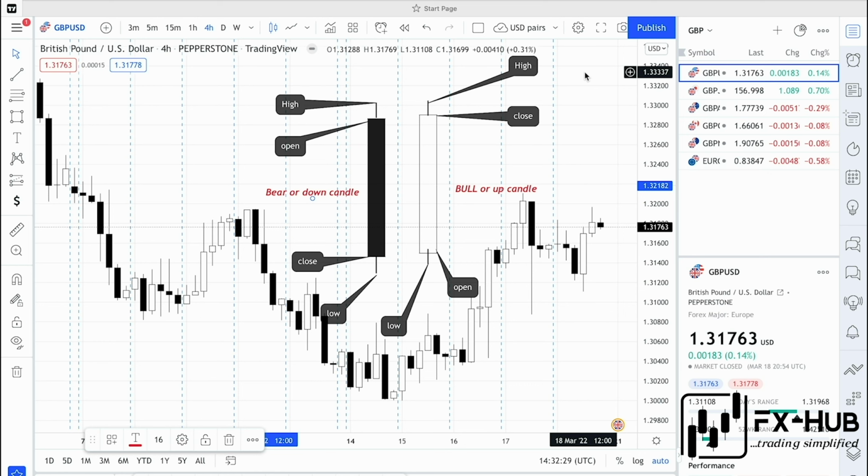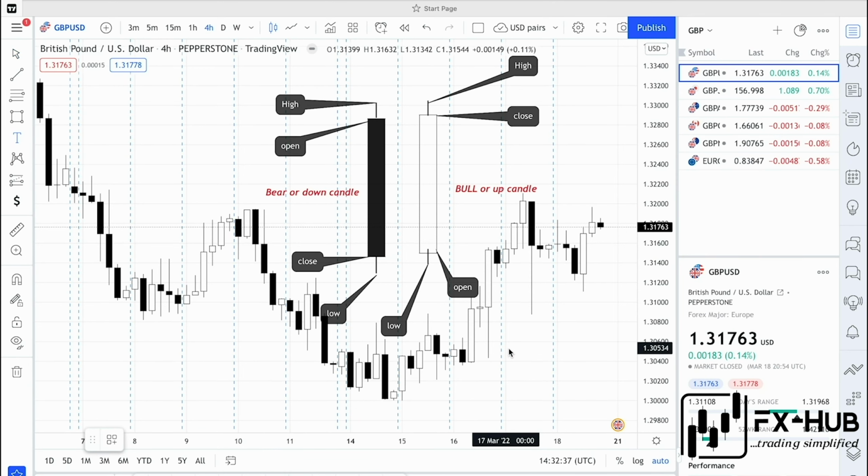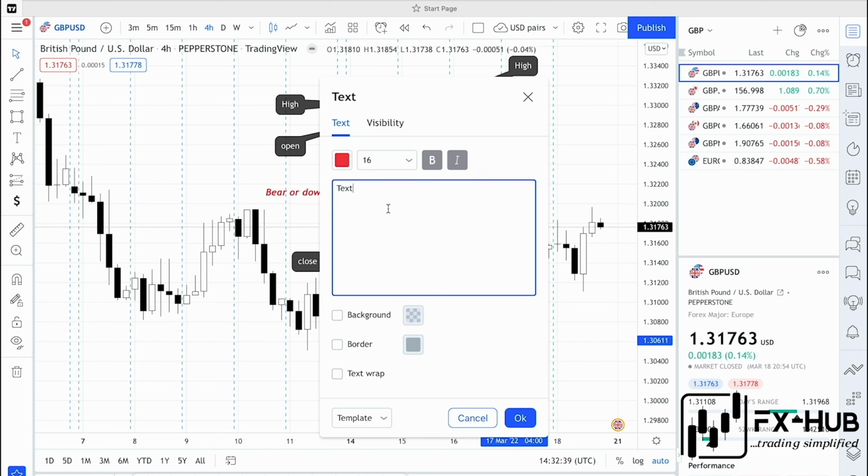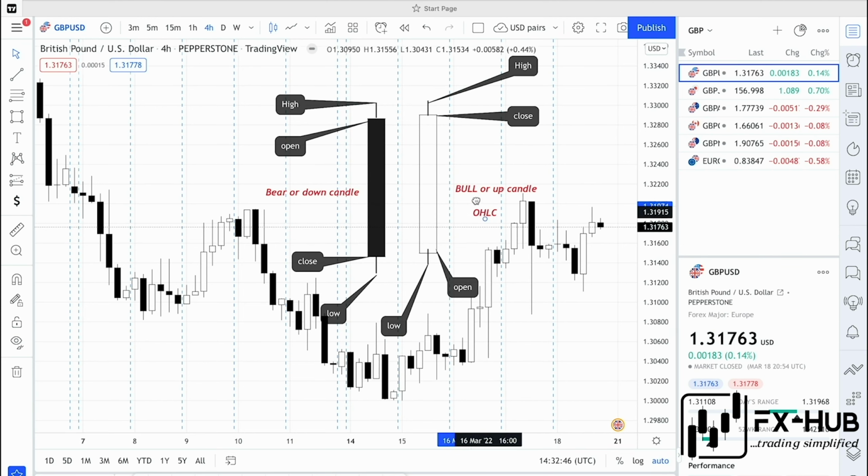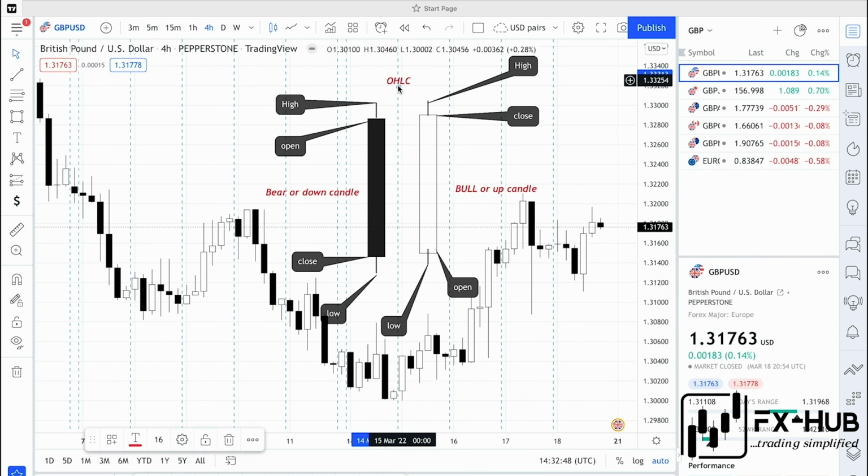So basically, on every candlestick, you notice four things: an open, a high, a low, and a close, popularly referred to as OHLC. So every candle has an OHLC. The O is for open, then high, low, and close.